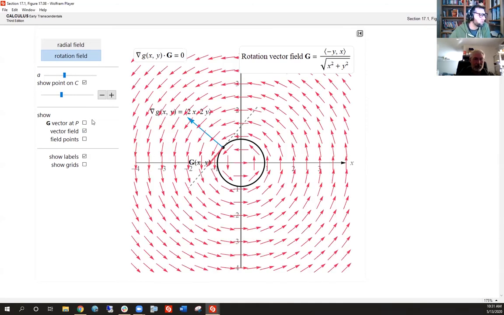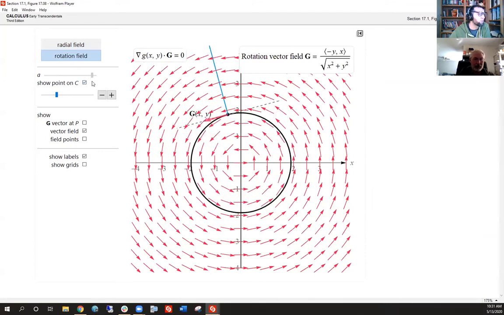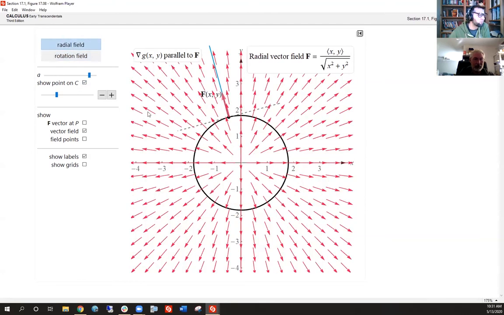So in a rotational sense, we're always going to be parallel to that rotation. If we are in a radial field, we're always going to be perpendicular to that circle that's there.